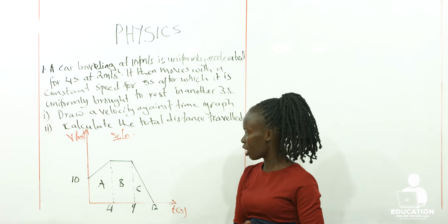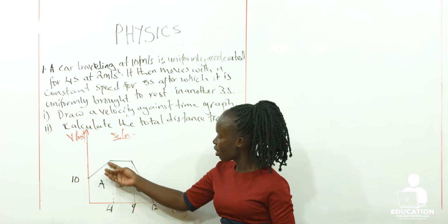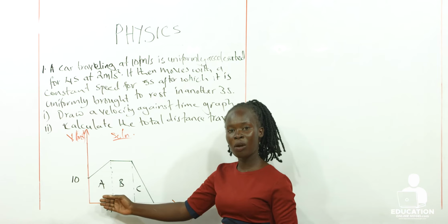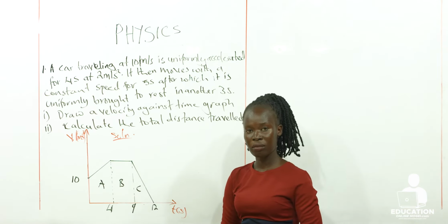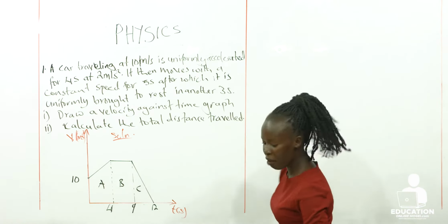You'll see that our stage A here is a trapezium. If you know that it's a trapezium, then how do you find the area of a trapezium? To find the area of our trapezium, we have this formula here.